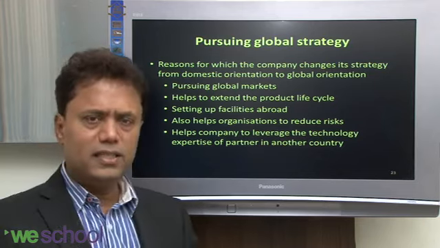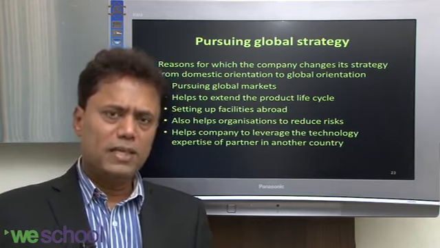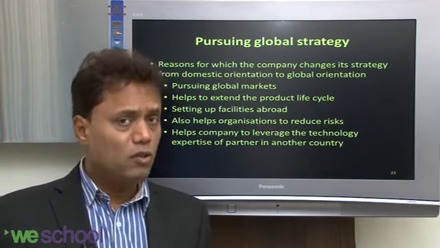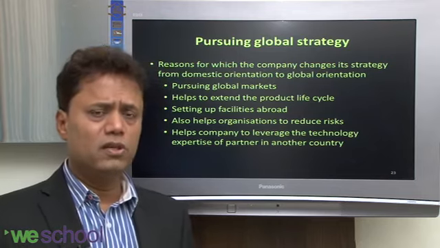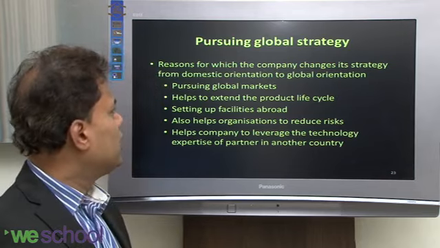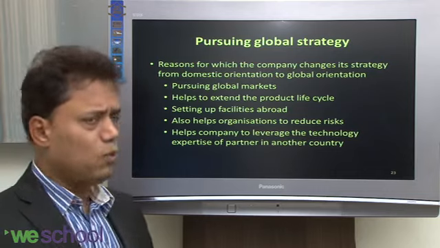Pursuing global strategy. India is already, as we said in the beginning of the chapter, in a complex environment. India is taking increasingly more challenges, and they are globalizing their business strategies and diversifying, expanding into new businesses. Reasons for which the company changes its strategy from domestic orientation to global orientation. Why?